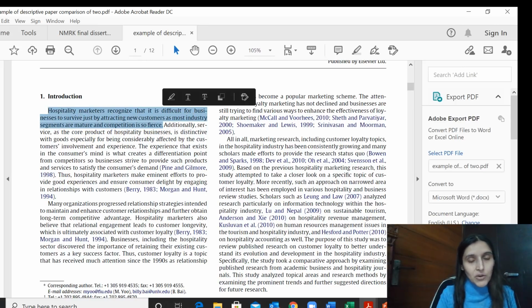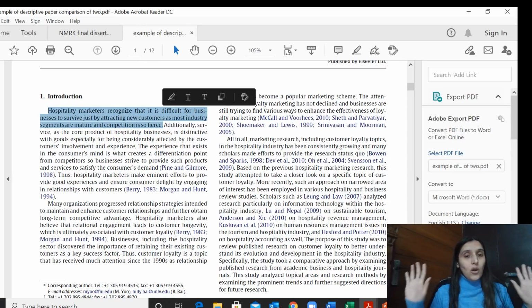If you have that broad idea, please go ahead, see the work that has been done and find out a problem. There is no domain where you can say all research has been done, no new problem, no new scope of research.